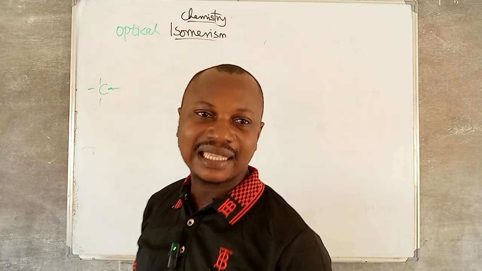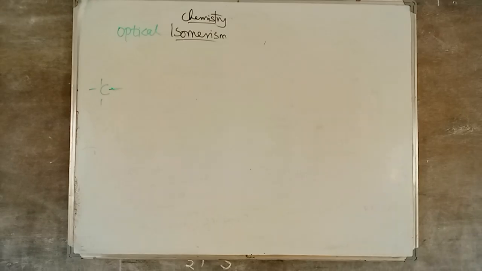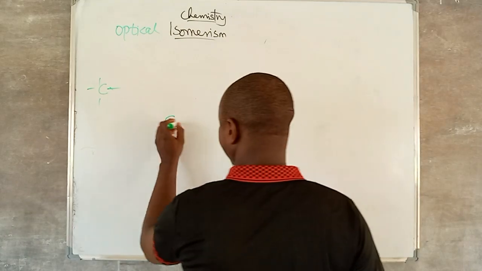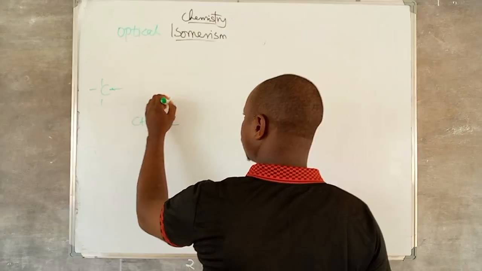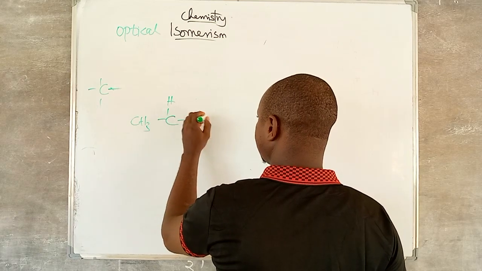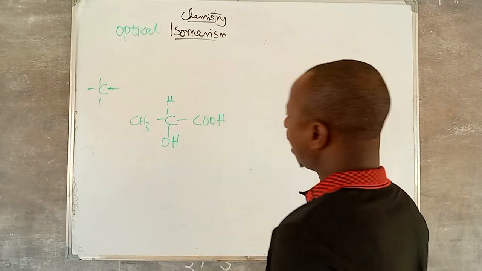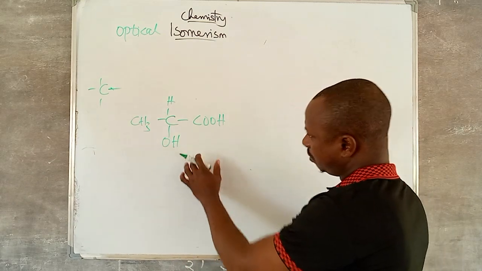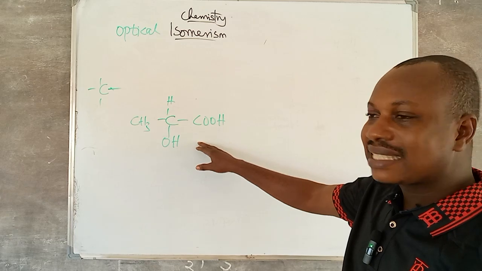Example, just as we have in lactic acid, the acid present in rancid milk. Look at the structure of lactic acid.